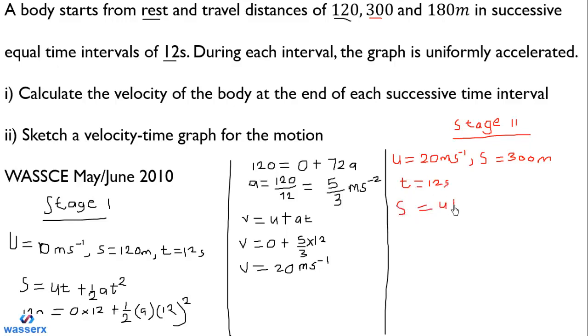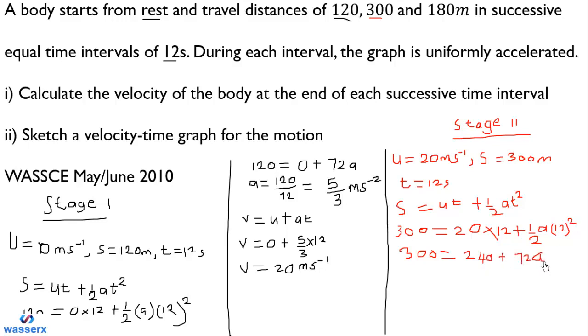So we now use the formula s equals ut plus half at squared. We substitute to get 300 is equal to 20 times 12 plus half times a times 12 squared. We simplify to get 300 is equal to 240 plus 72a.